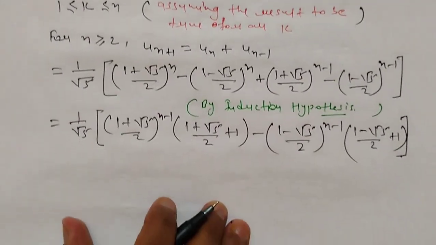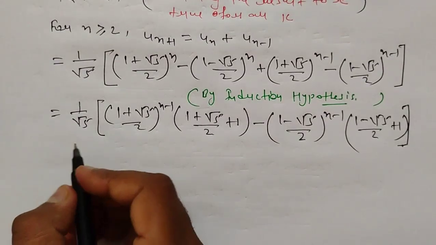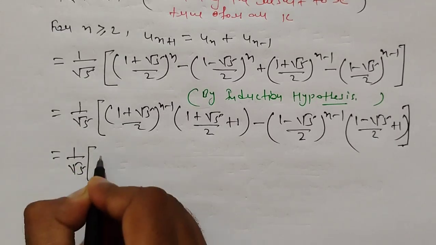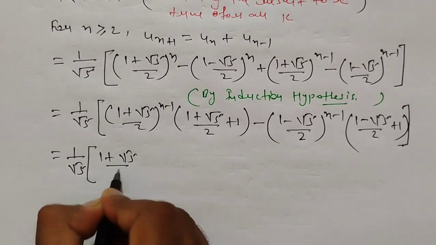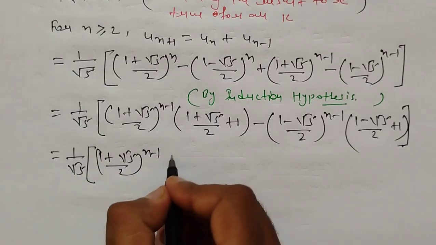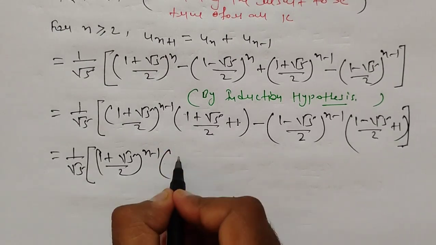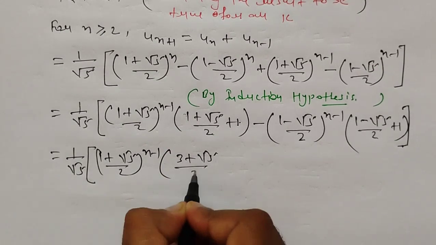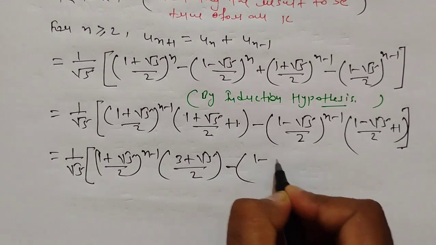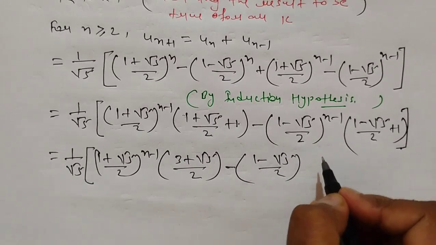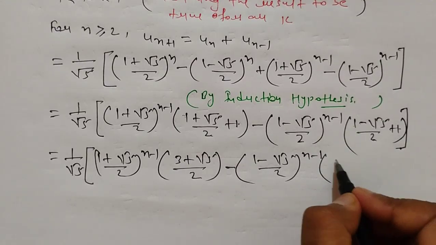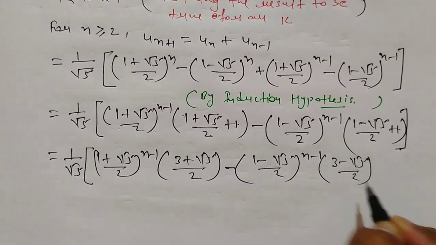Now this is simply equal to 1 by square root of 5, ((1 plus square root of 5) by 2) power n minus 1 into (3 plus root 5) by 2, minus ((1 minus root 5) by 2) power n minus 1 into (3 minus root 5) by 2.